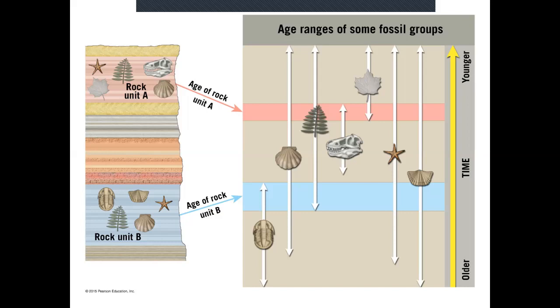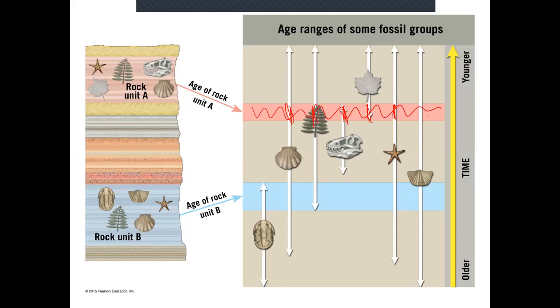So now we look at the paleobotanical and paleontological record and say, well, what sliver or portion of Earth history were all 5 of those species simultaneously present on Earth, according to the fossil record? That indicates this period of time in which all 5 of them were around. So we have the scallop, the fern, the T-Rex, the maple leaf, and the starfish. So that rock must have formed during that period of time.